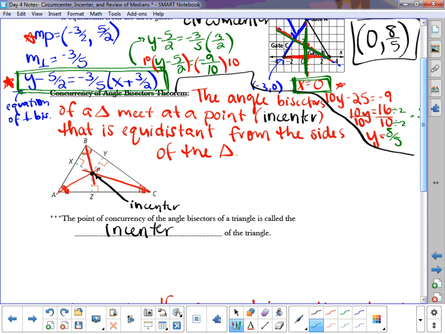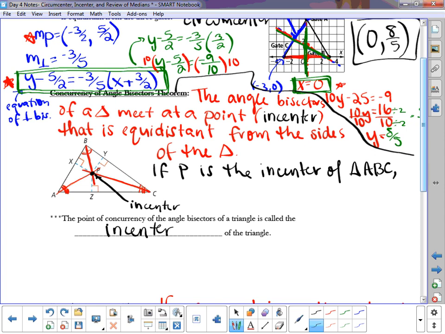Okay, so if P is the incenter of our triangle, and this triangle is also ABC, then what our theorem tells us is that P will be the same distance from the sides.